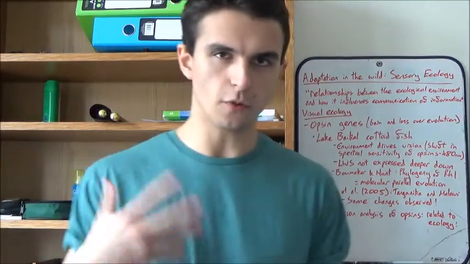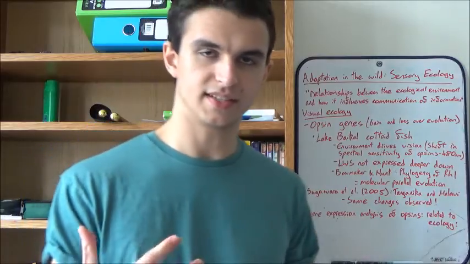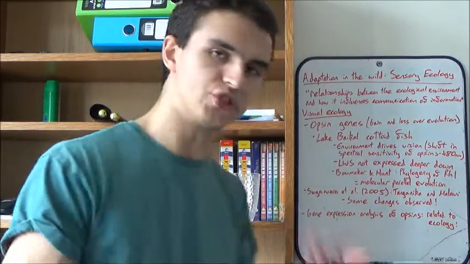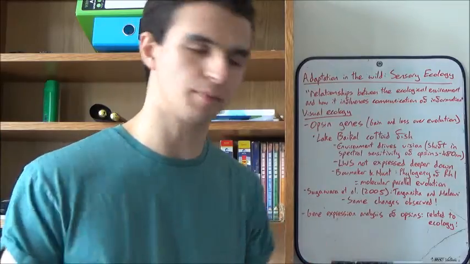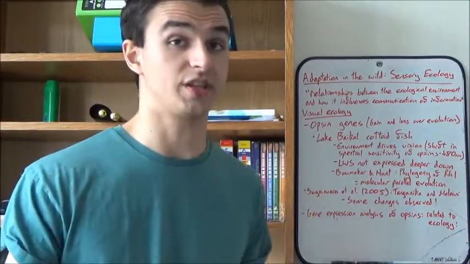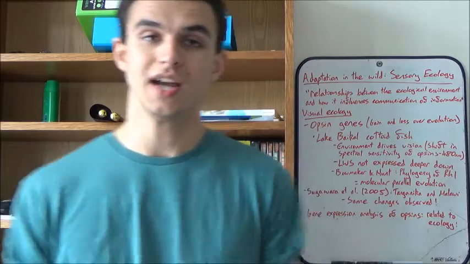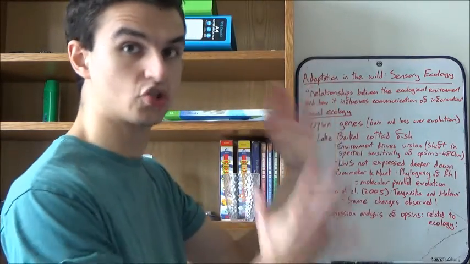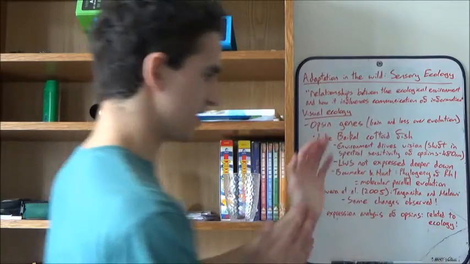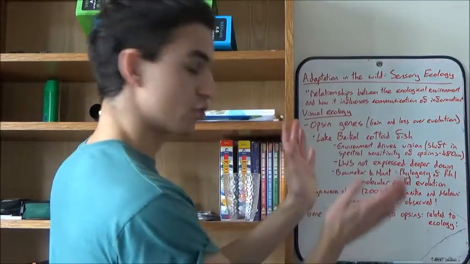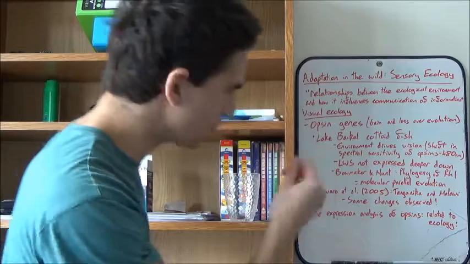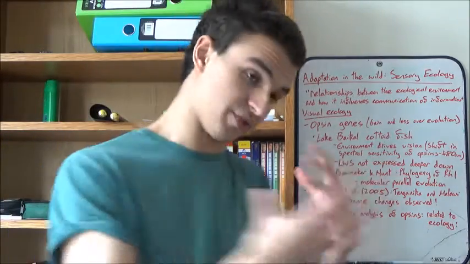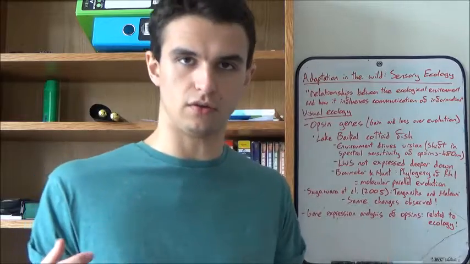But obviously the number of opsins that we have is different to other animal species, and these have arisen through gene duplication events. For example, there are two rod opsin genes, RH1 and RH2, and it's thought that when the gnathostomes, the jawed vertebrates, diverged from the jawless fish, that was when that gene duplicated to produce two different genes, which were then free to evolve.